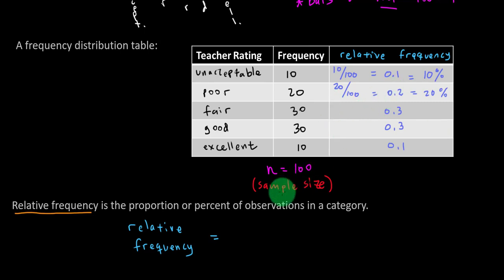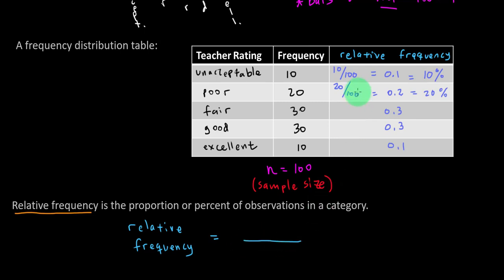We better see how this formula can be written in general. We've just computed these relative frequencies for this specific example, but what would be a general formula for this? Notice there's a little division happening.